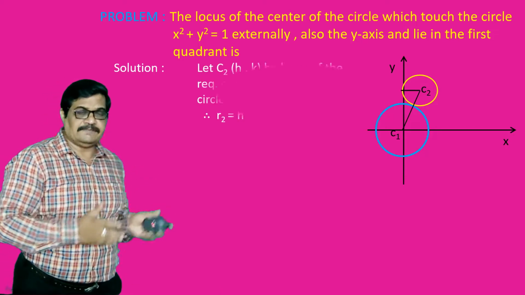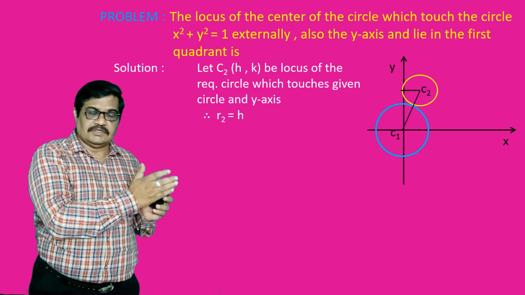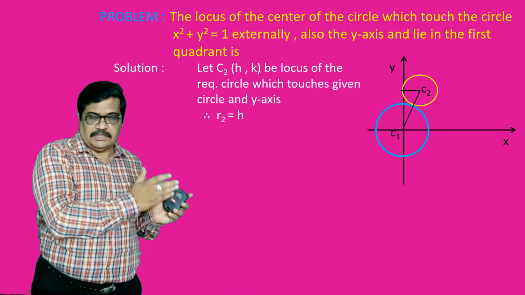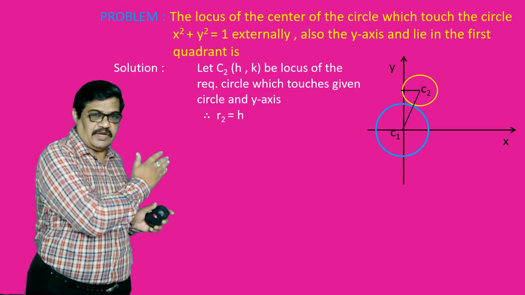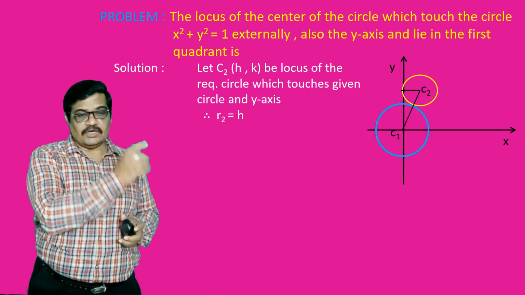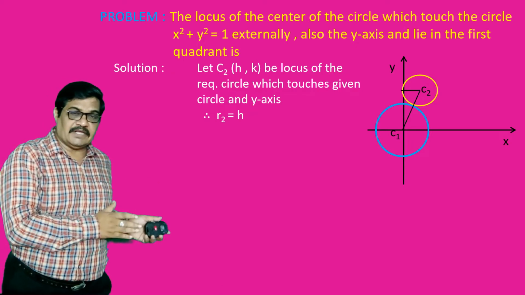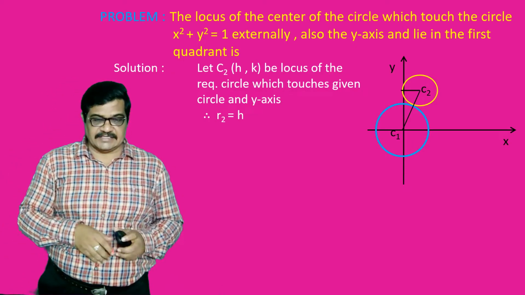See the solution. Let C2, the center of the required circle, be h comma k, the locus of the required circle which touches the given circle and also the y axis.